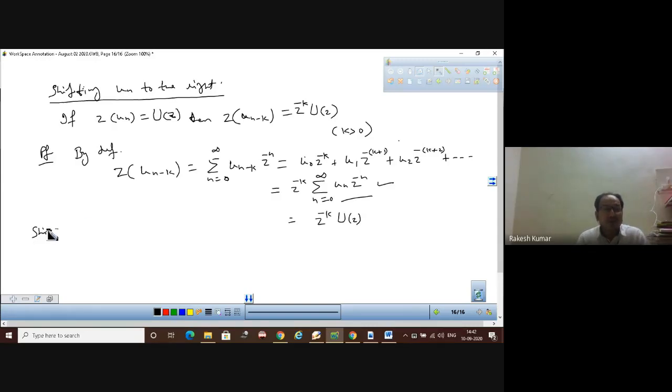Now shifting to the left, shifting u n to the left.